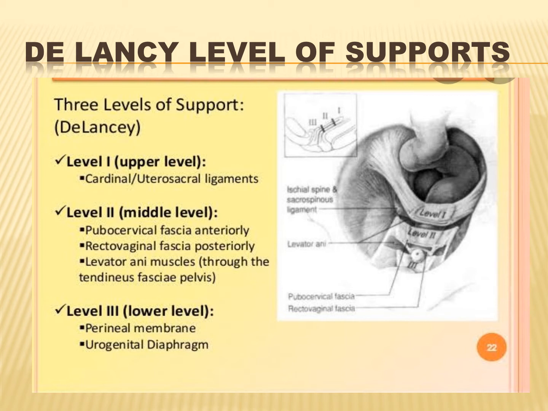Level 2 includes the pubocervical fascia anteriorly, the rectovaginal fascia posteriorly, and the levator ani muscle. As I previously described the levator ani muscle and also the arcus tendinous fascia pelvis, together they contribute to level 2 support. Level 3 support is with the perineal membrane and urogenital diaphragm.